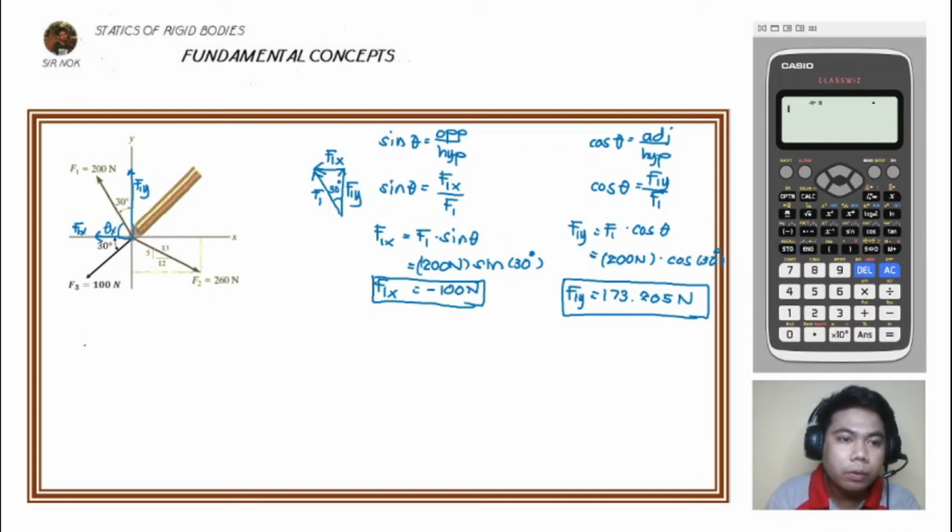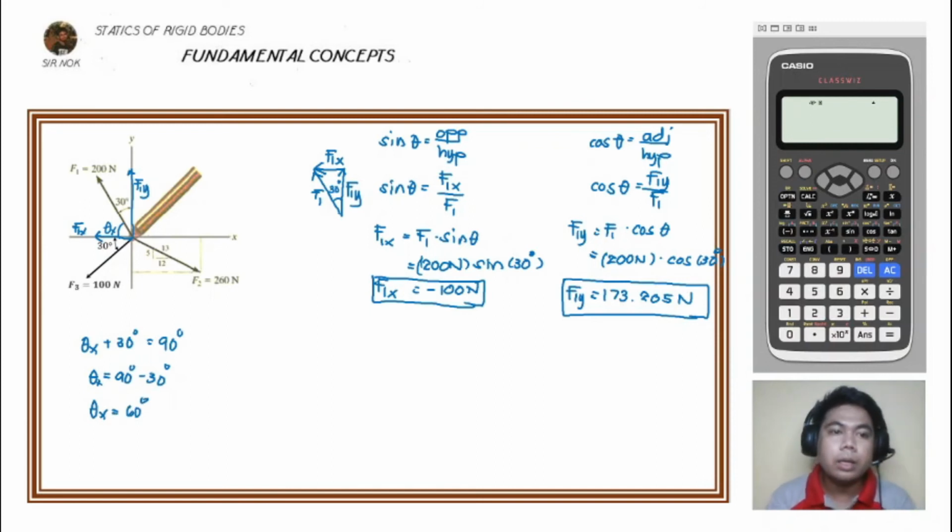So, solving for theta x, theta x plus 30 degrees is equal to 90 degrees. So, theta x is equal to 90 degrees minus 30 degrees, so theta x is equal to 60 degrees.